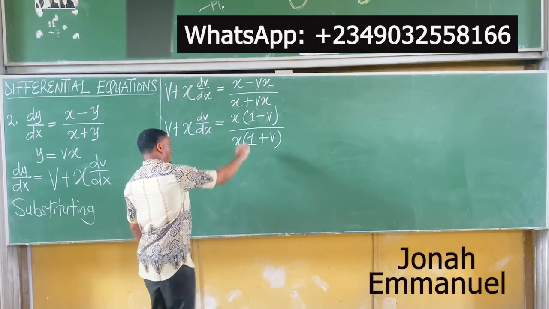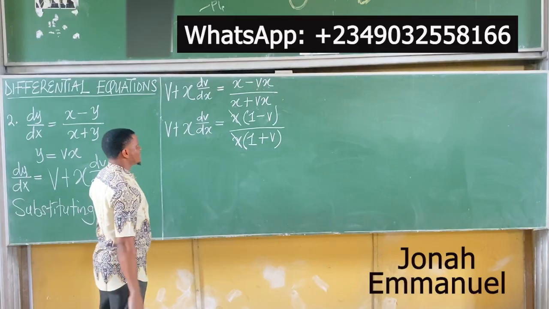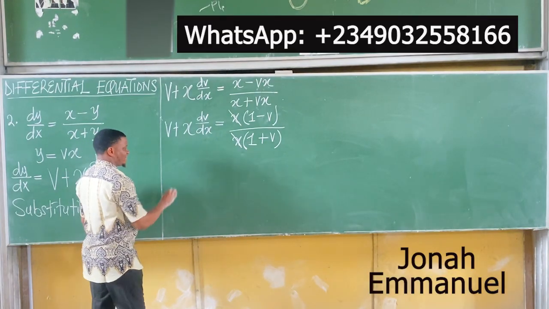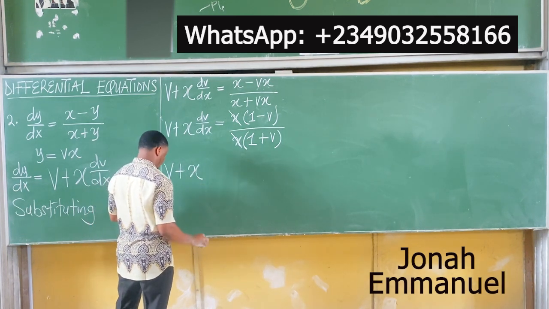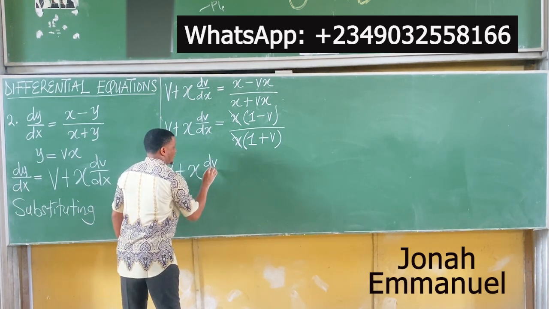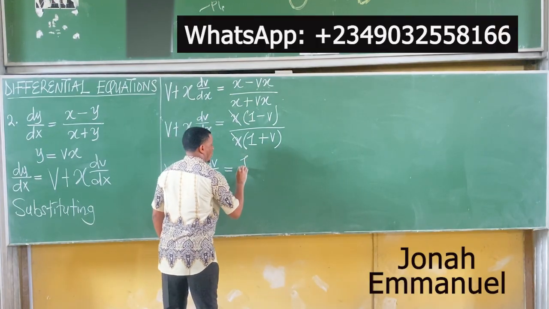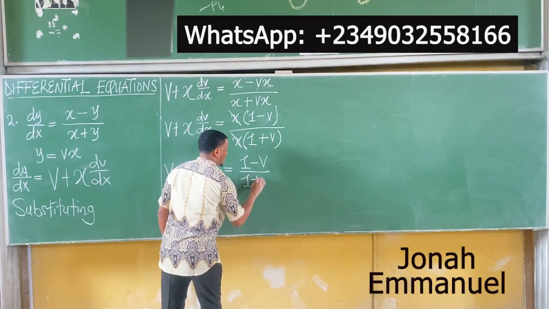From this point, this will cancel this. What are we left with? We're left with v plus x dv/dx is equal to 1 minus v all over 1 plus v.